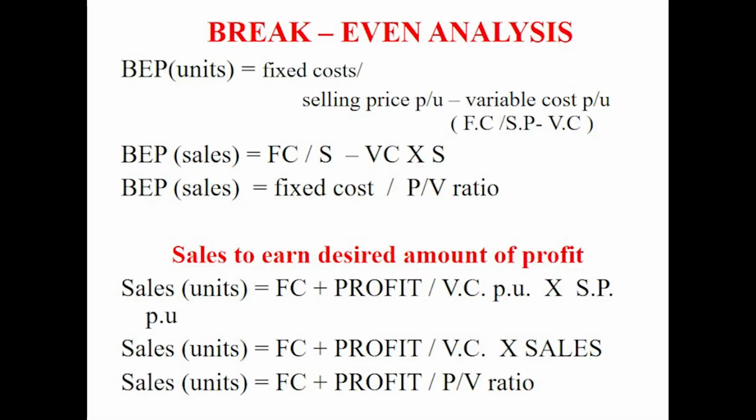So, BEP in units, if you want to find out, the formula is fixed cost divided by selling price per unit minus variable cost per unit. Shortly we can write it as FC divided by selling price minus variable cost per unit. BEP in sales value, if you want, is fixed cost divided by sales minus variable cost, multiplied by sales.